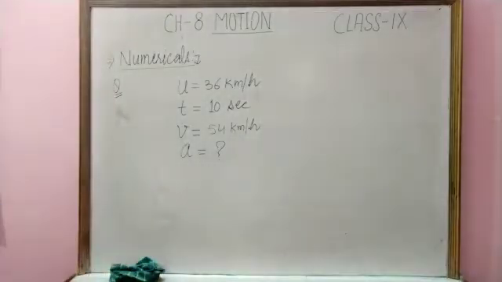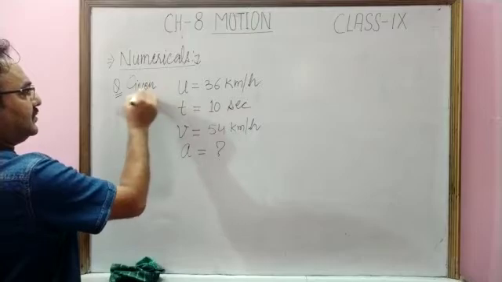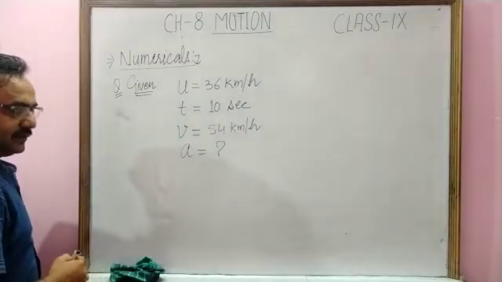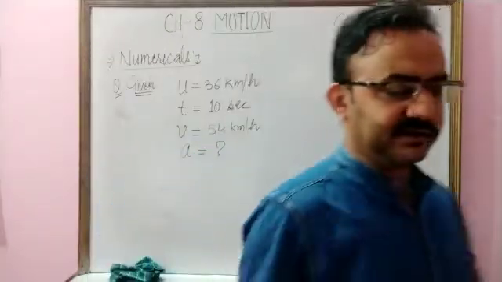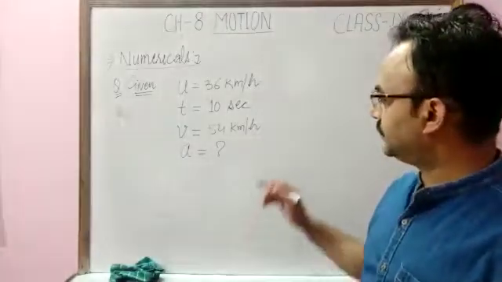Is it clear? These are given terms in the question. First of all, the thing which you have to keep in mind, we have to make similarities in the units.